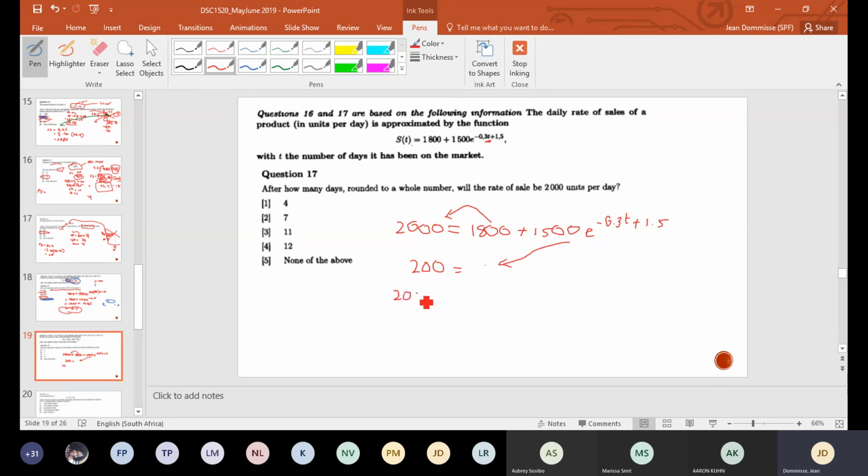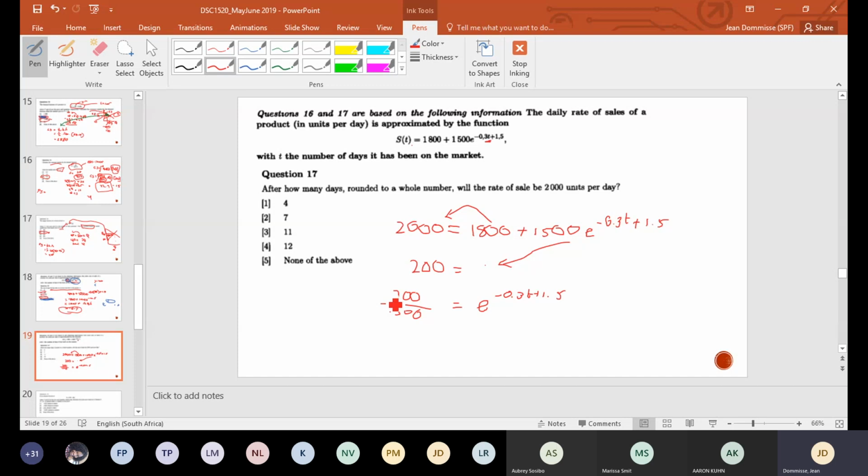So I will sit with 200 over 1500 is equal to e to the power of 0.3t plus 1.5.